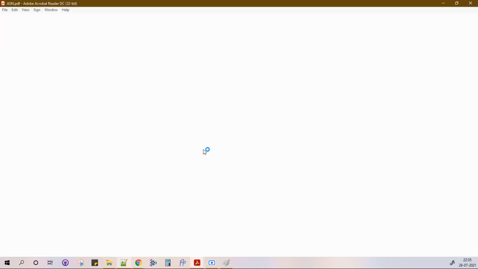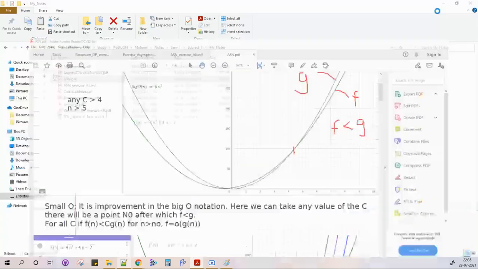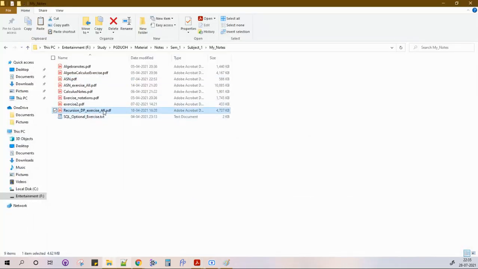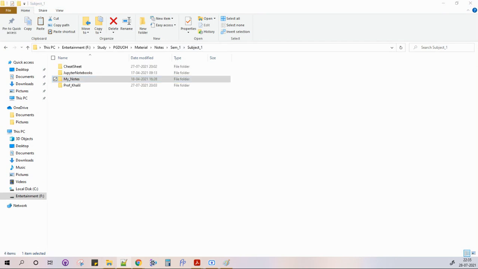I'm missing that note. Let me open it from Telegram maybe. Not this one. That merge sort I want to explain. Okay, leave it. I will just download it again. Just give me a moment.